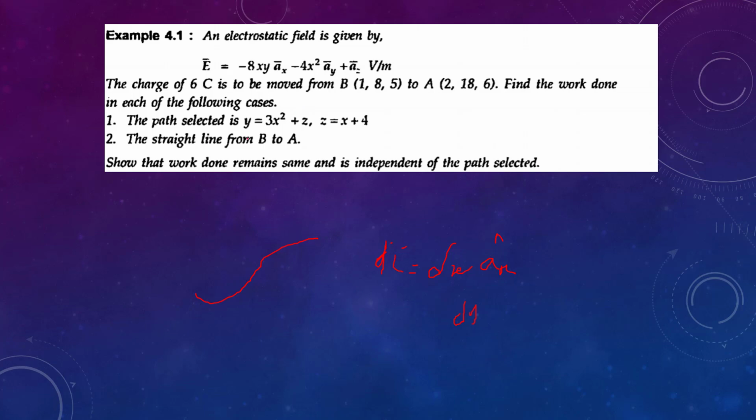But here there is change in y as well as change in z. So we have to consider such paths. And the second option they have given is a straight line from B to A. So we have to find out what is the equation of that straight line from B to A. And we have to use that equation to solve the path equation dl bar. Okay, so let us see what is the solution for this.